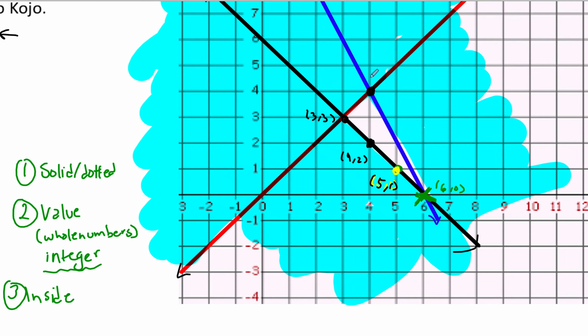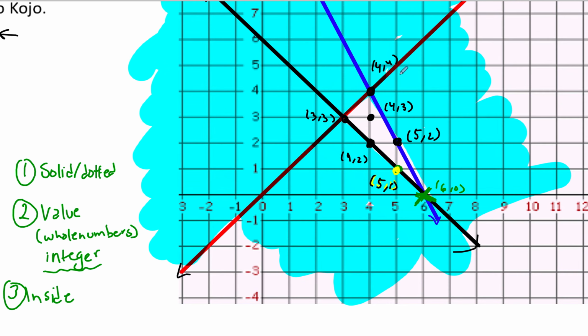I'm just going around; you could do it any method you want. I have 4, 4. So notice how I'm only going through the coordinates that I could get, no half numbers. And then going inside the region, I have 4, 3 as one of the coordinates as well.